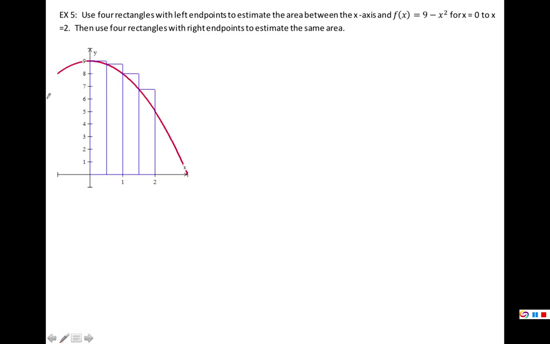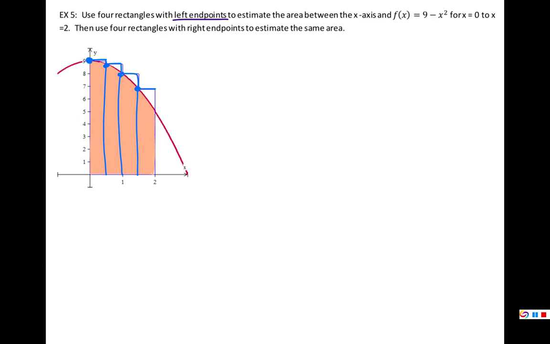And so I have graphed in red the function f of x equals 9 minus x squared, and I want to know the area between that curve and the x-axis from x equals 0 to x equals 2. So I have shaded in orange the region that I'm trying to find the area of. Area between the function and the x-axis from 0 to 2.